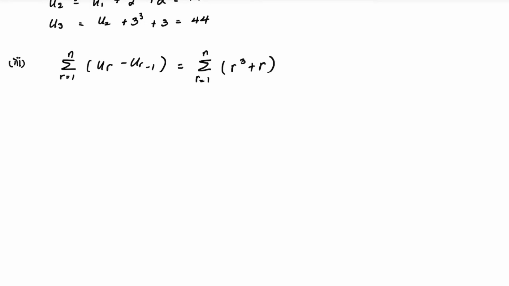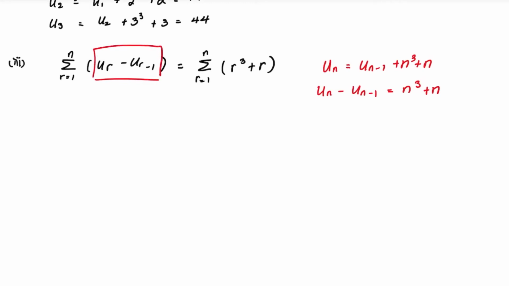The reason is when you look at part 2, part 2 gave us that un equals un minus 1 plus n cubed plus n. If you bring the un minus 1 over, you get un minus un minus 1 equals n cubed plus n. So essentially, we're substituting out for n cubed plus n. But since we're using the value of r instead, we have to substitute back the value of r. That will be how we get r cubed plus r.